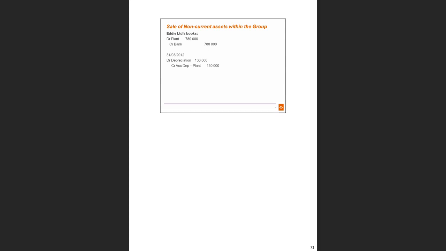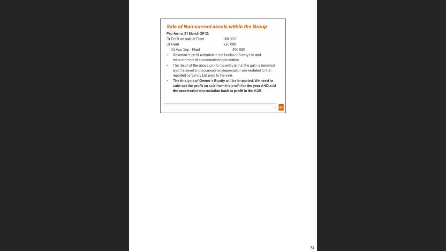So debit depreciation 130,000 Rand, credit accumulated depreciation on plant 130,000 Rand. Okay, so these are the journal entries in Eddie's books, and the previous slide showed the journal entries in Sandy's books. Let's have a look at the pro forma journal entries.